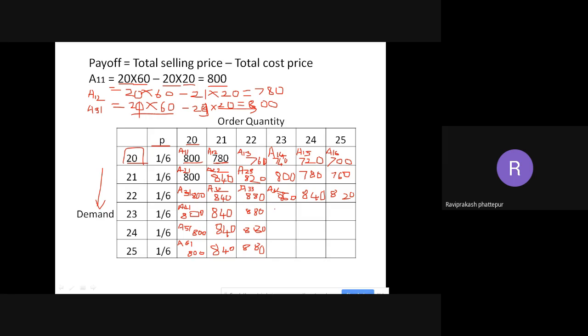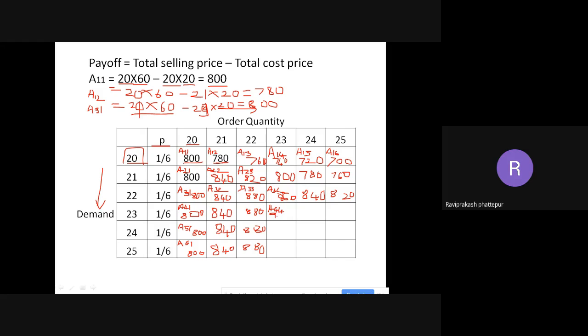Next here, A44. Tell me A44, what is the value? I am ordering 23 and my demand is also 23. So it will be 23 into 60 minus 23 into 20. What is the value? 920.